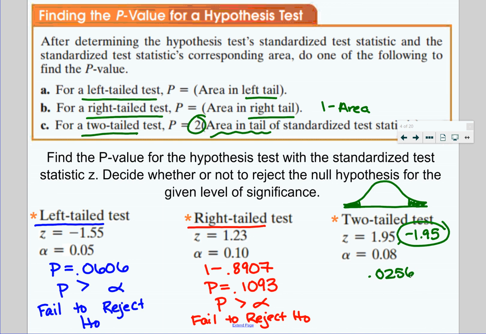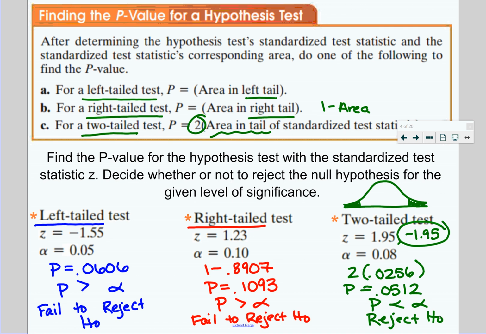P is the area total in both tails, so we just double it. And we get P is 0.0512. So in this case, P is less than alpha, so we would reject our null hypothesis. So those are the three scenarios you might see.